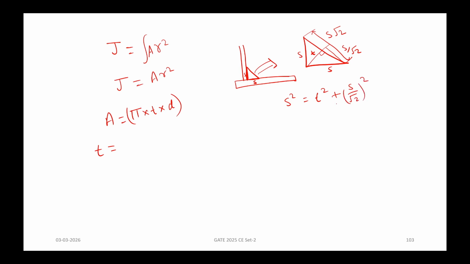From here, t square is S square minus S square by 2, which is S square by 2. So t is equal to S by root 2, which is 0.707 S. S is given in the question as 5 mm.